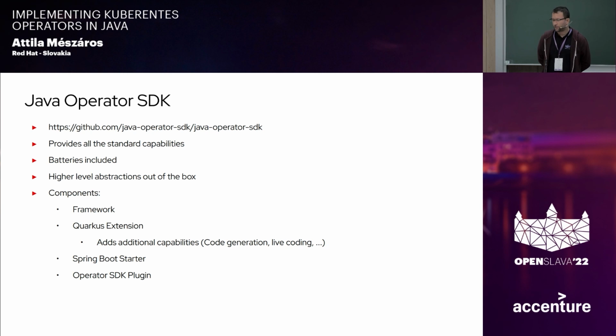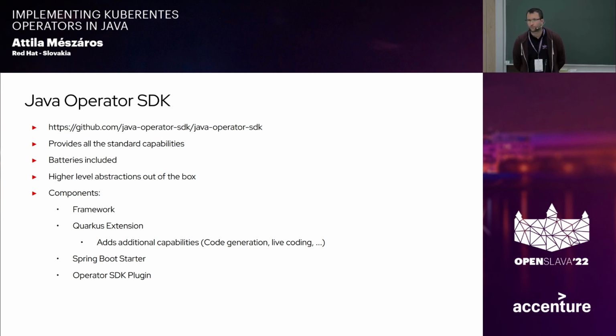And just a few words about Java Operator SDK. It's a really mature framework now. We have been developing it for more than 3 years. We try to be kind of batteries-included. That means we provide, out of the box, some libraries and tools to make these operators happen. And we have a Quarkus extension to make it very easy to implement in Quarkus, which also builds upon additional features like code generation and live coding.